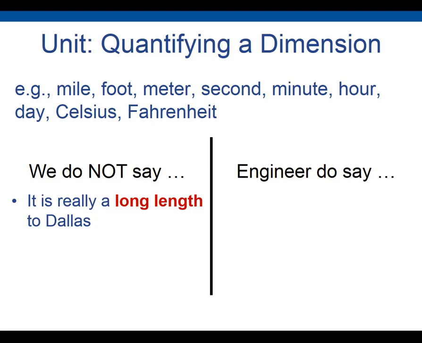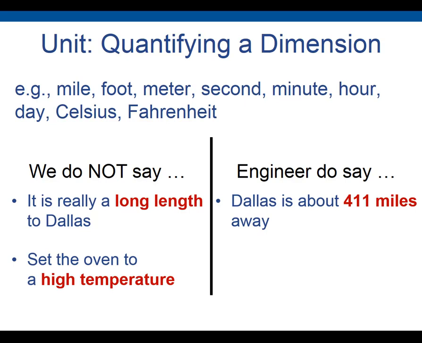Instead, an engineer has to say a number, like Dallas is about 411 miles away from Corpus Christi. Another example is, set the oven to a high temperature. How high? Engineers should say, set the oven to 450 Fahrenheit.